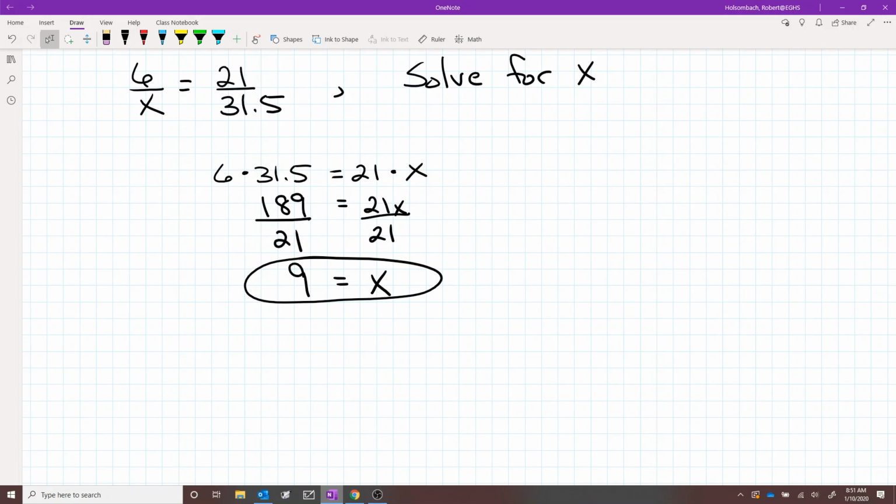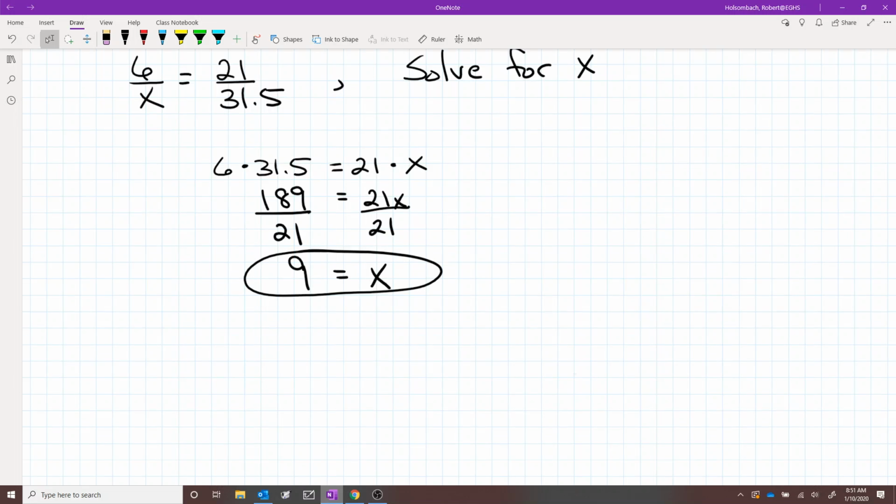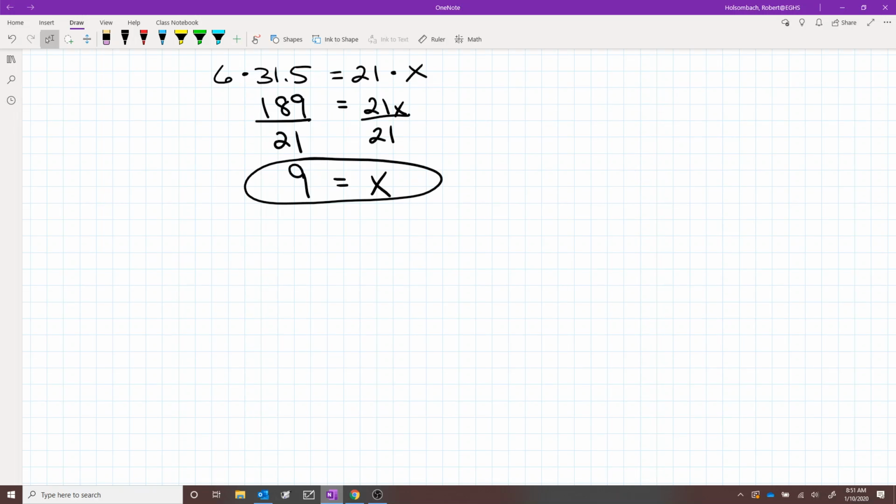You'll see some problems today in your assignment where you're going to have to do the distributive property. So let's say you get a problem like x plus 3 over 2, and it's equal to 4x over 5. Again, you're going to crisscross multiply.